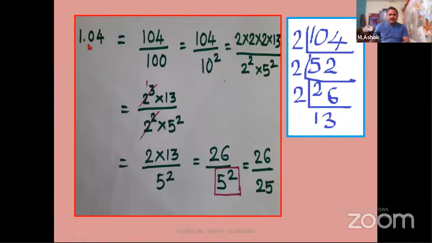In this example, after writing in p by q form, the prime factorization of the denominator contains 5 square. Remember these 2 points.